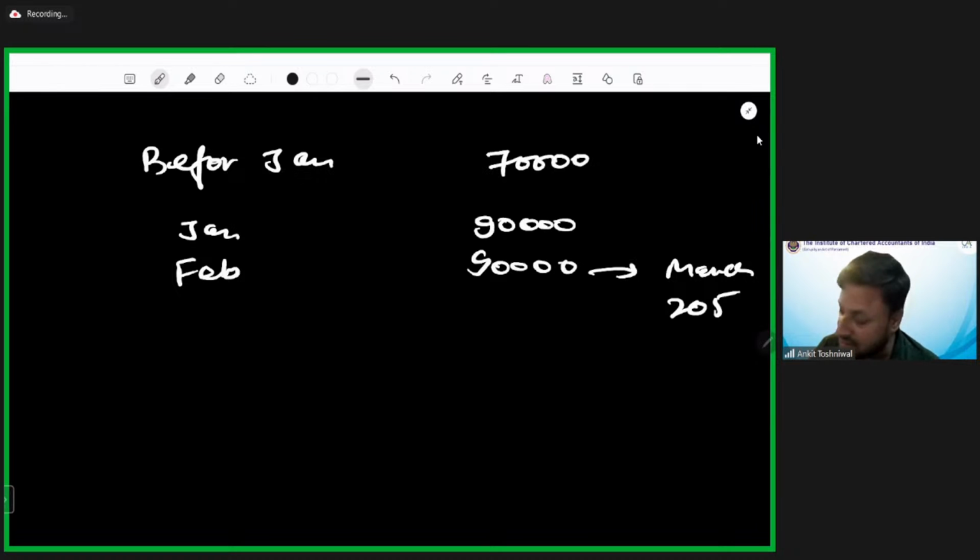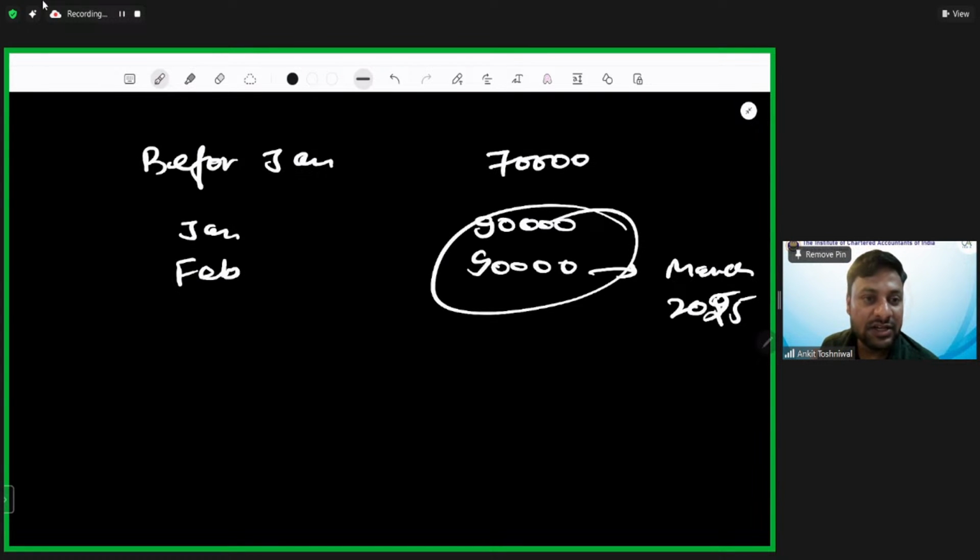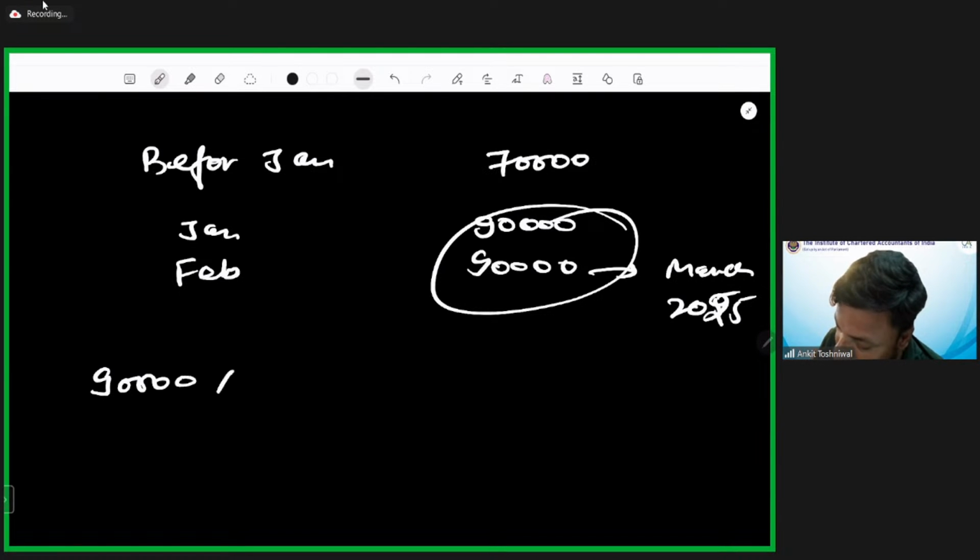So I have to cover this. So both these salaries will be covered in this financial year. So 90,000 into 2. Correct? 180,000.